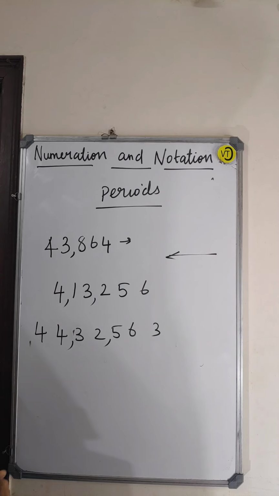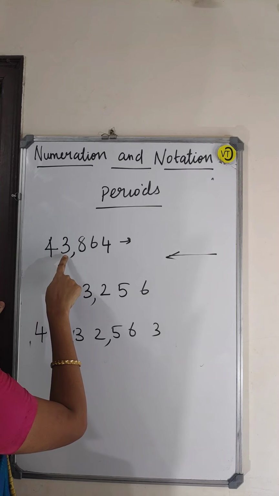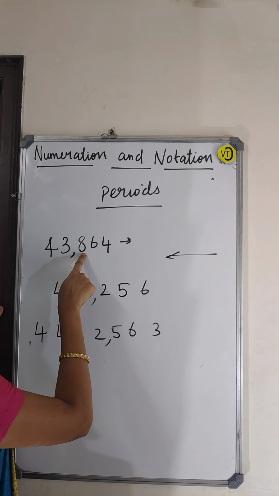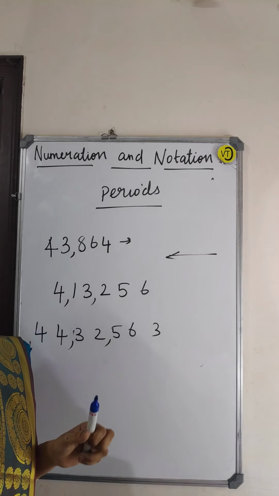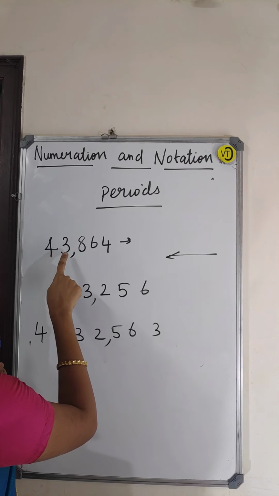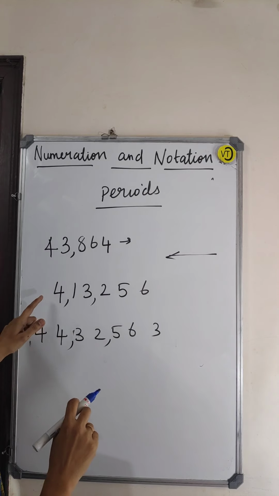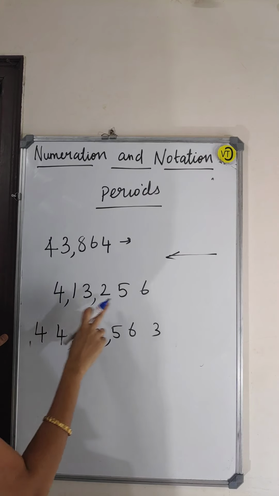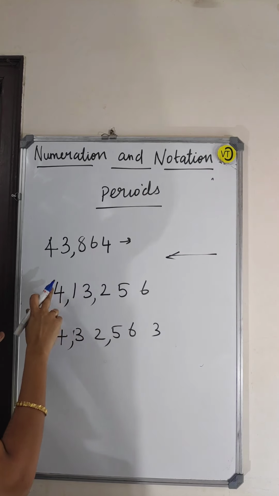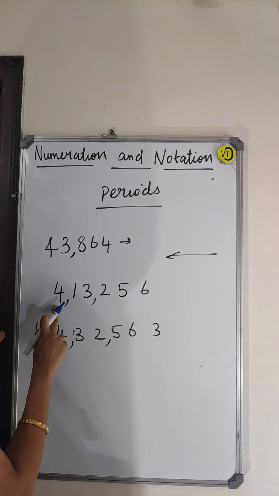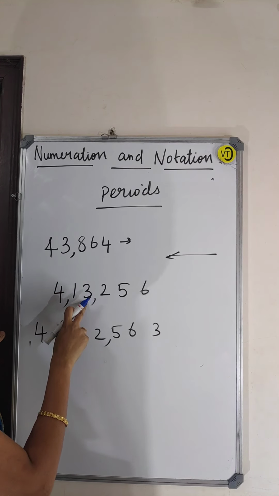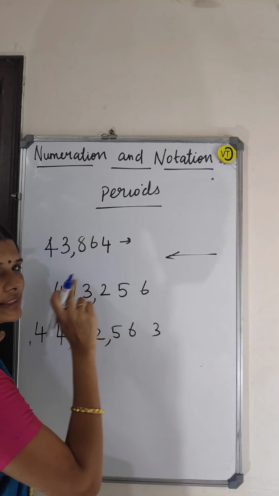How can I read the numbers now? See, 43,864. What is that? 43,864. This one? Ones, tens, 100, 1000, 10,000, lakhs it is, right? So 4 lakhs, 13,256.